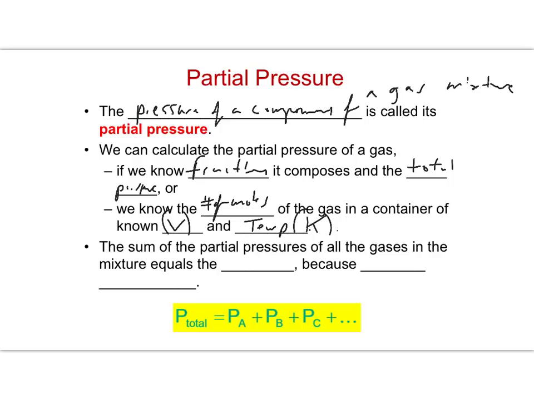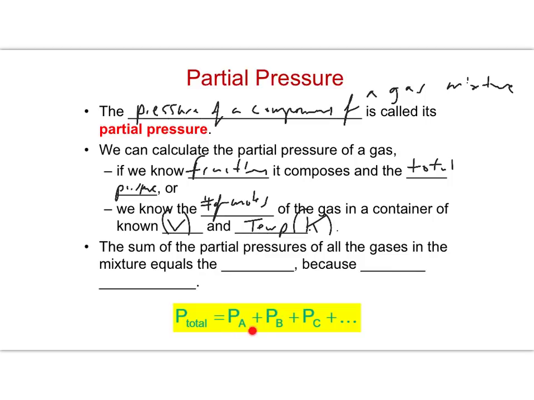And next, when gas particles collide, they just rebound off of each other. They don't change their identity, at least ideal gases don't. The sum of the partial pressures, this equation below, will give you the total.